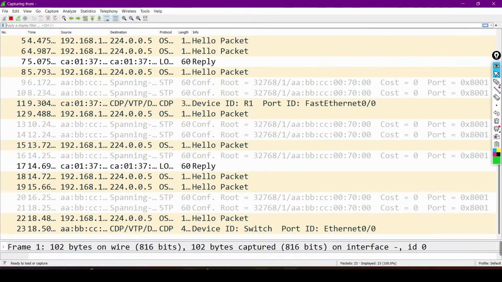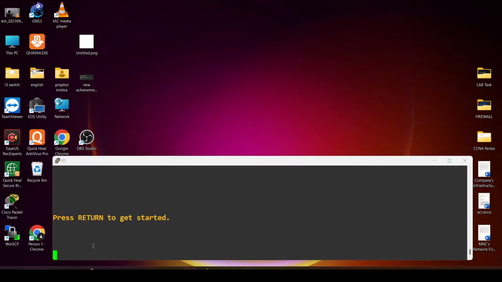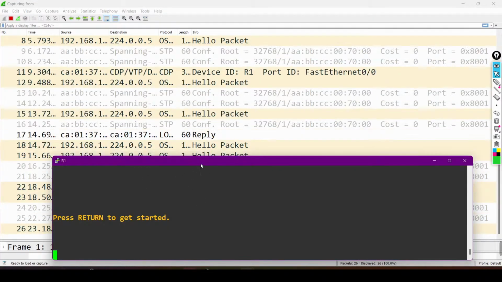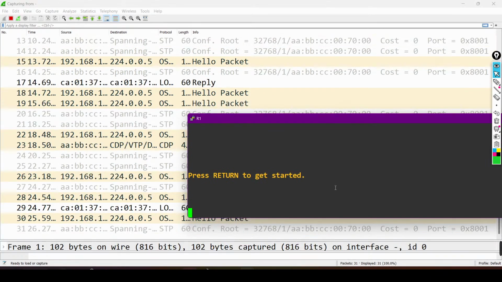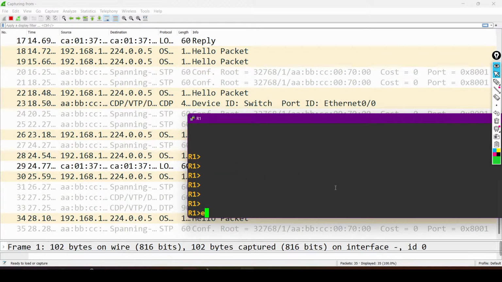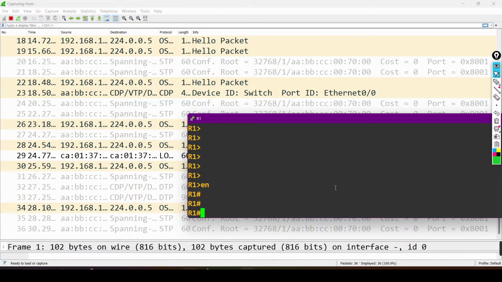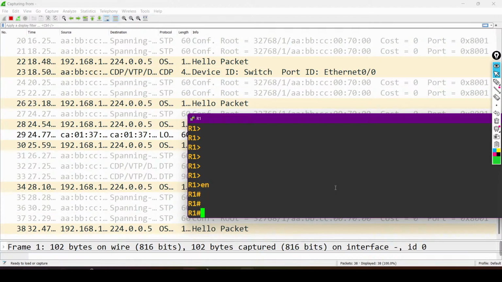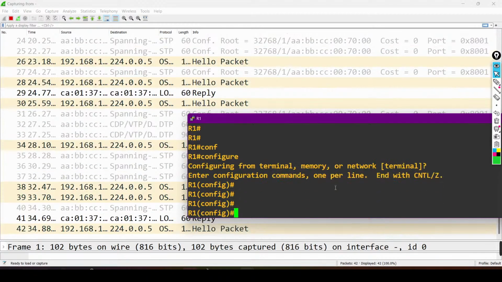Okay, so this is capturing. Now router 1 will not send LSA 1, but if I add one network over here, this router will send LSA 1. Yes or no? Whenever a network comes up or goes down, it will generate LSA 1.